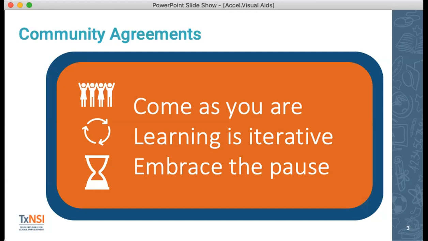As usual, when we do video sessions instead of in person, instead of having norms, we simply have these 3 community agreements. The first one, come as you are. You could be anywhere. I could give this to someone who is currently visiting the moon and they would be able to watch it and learn from it.